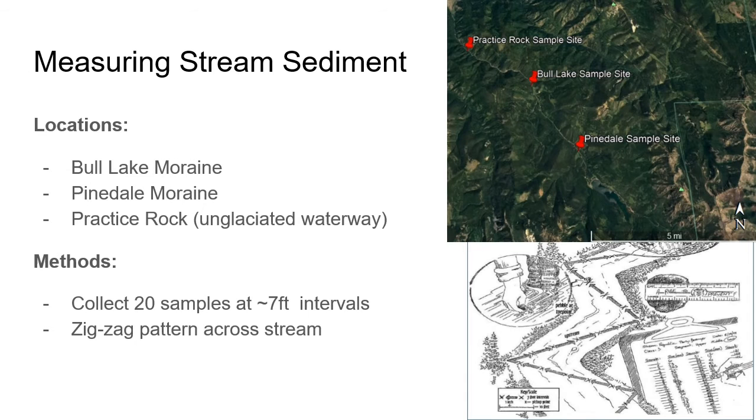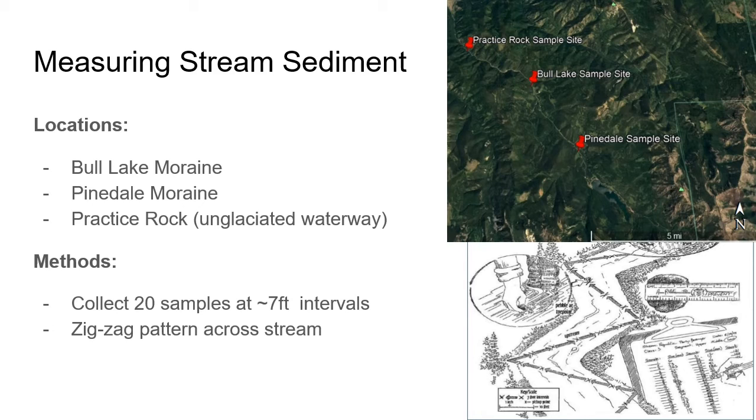So to do this, we went and collected data up in Highlight Canyon. We sampled 3 different locations. We sampled the Bull Lake moraine, the Pinedale moraine, and then practice rock as an unglaciated site just to see what's happening as we're getting closer to these moraines.